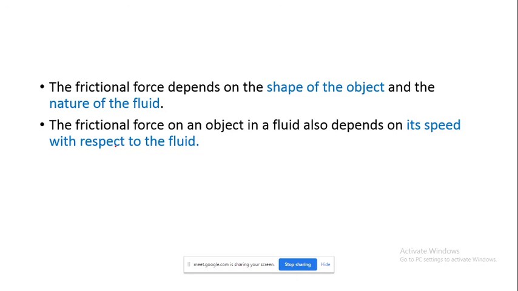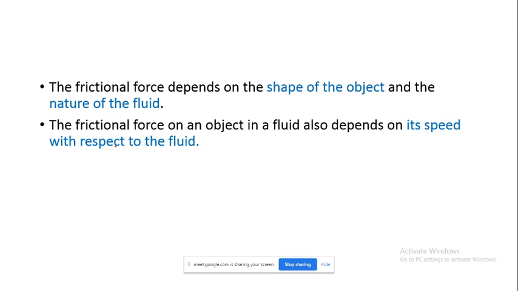Now, who will tell me what are the factors that fluid friction depends upon? Okay, Rajeshwari, can you try? Yes, ma'am. Frictional force, ma'am. Not frictional force, but fluid friction. The factors which are affecting fluid friction.